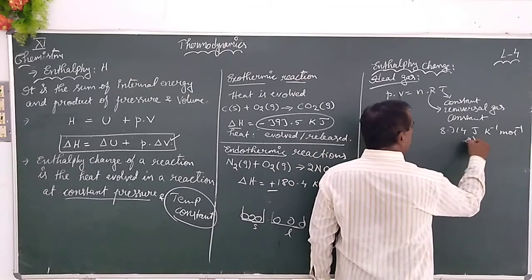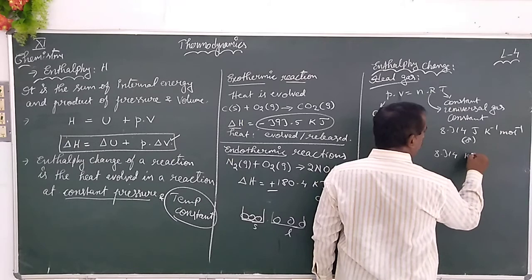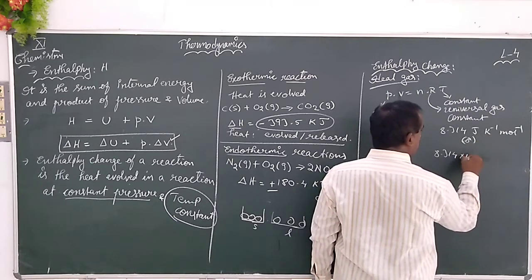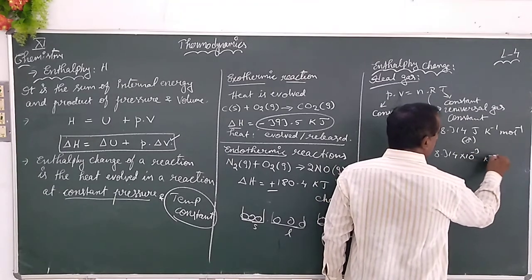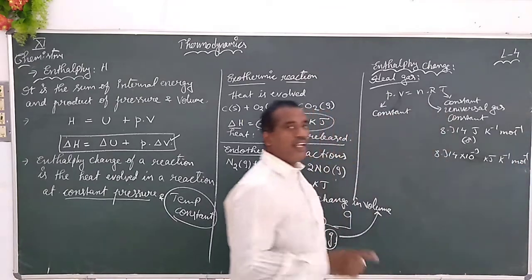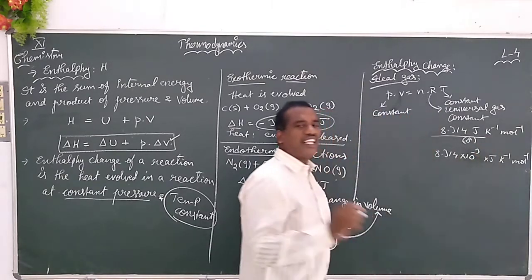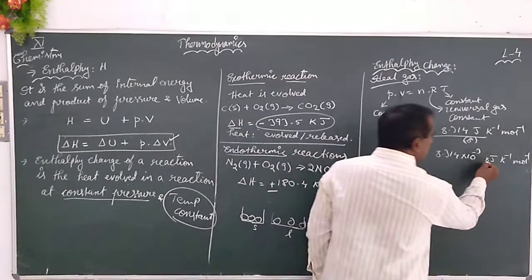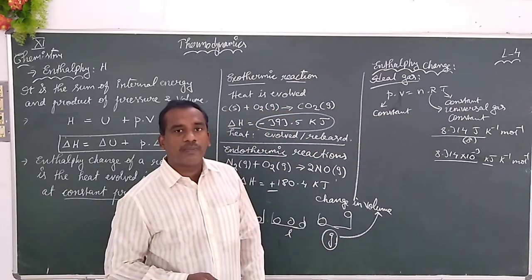Or it is also written as 8.314 kilojoule; if you are converting that into kilojoule, you need to multiply with 10 to the power of minus 3, kilojoule Kelvin inverse mole inverse. So keep in mind, if you are expressing in joule, you will express it as 8.314 joule Kelvin inverse mole inverse, or if you are expressing in kilojoule, you must multiply 8.314 with 10 to the power of minus 3.